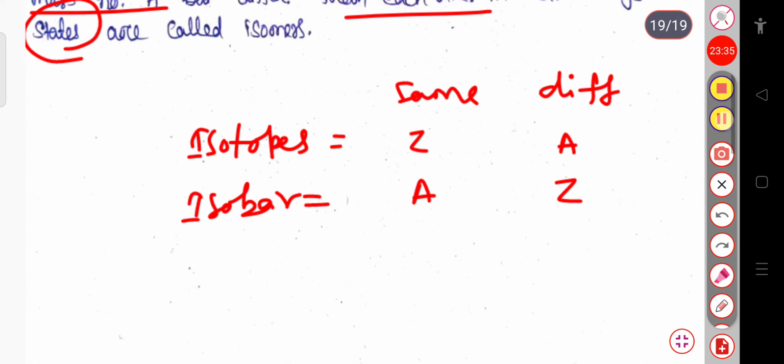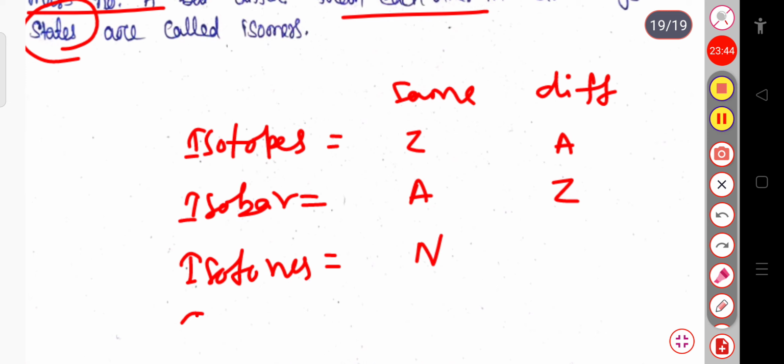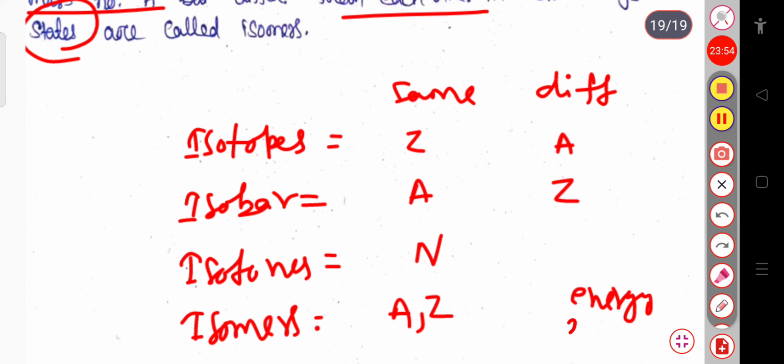And in the case of isotone, which one is the same? The number of neutrons is the same. And in the case of isomer, the last one, A is the same, Z is the same, but which one is different? The energy states are different. So these are the basic classification of the elements according to the proton-neutron hypothesis.